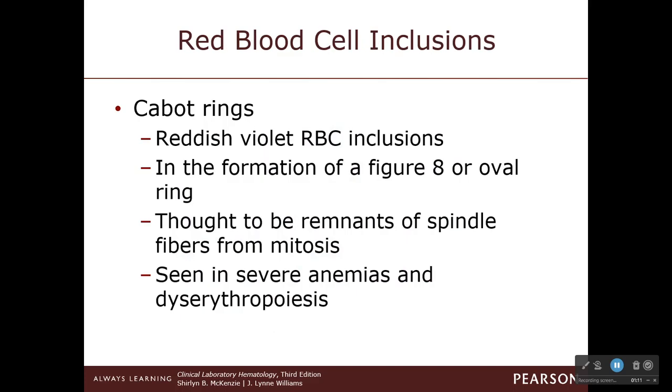Cabot rings. These are usually little reddish violet inclusions. Sometimes they have a figure 8 shape. They can also be oval rings. They're basically remnants of the spindle fibers. So you guys remember mitosis? Remember we talked about PMAT the other day?